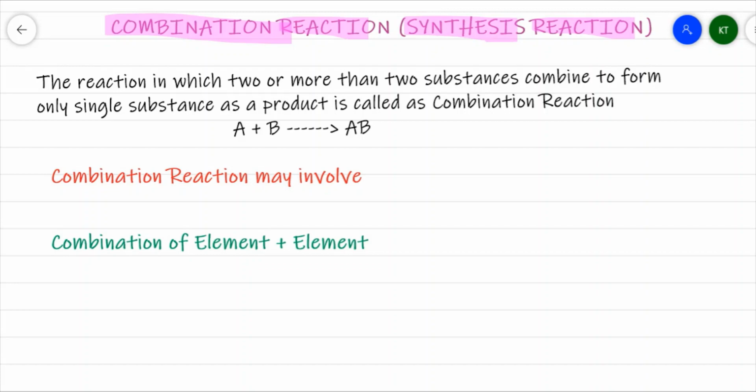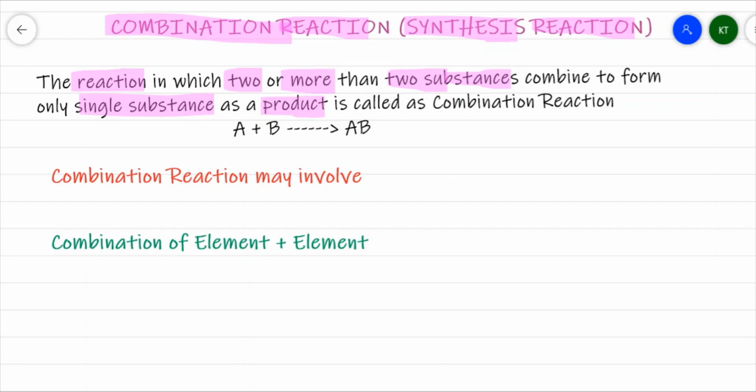So first we try to understand what this combination reaction is. It is a reaction where two or more substances combine with each other so as to form only a single substance as a product.